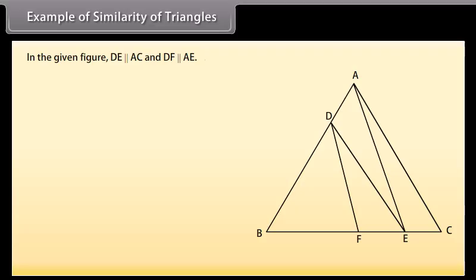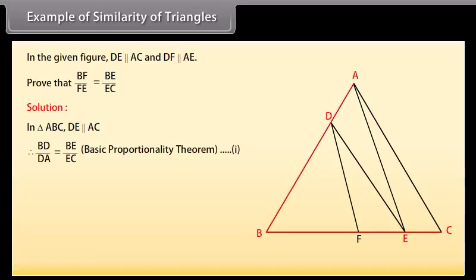In the given figure, DE is parallel to AC and DF is parallel to AE. Prove that BF upon FE equals BE upon EC. Solution. In triangle ABC, DE is parallel to AC. Therefore, BD upon DA equals BE upon EC by the basic proportionality theorem.